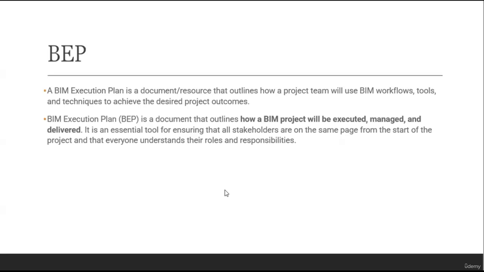Once that is done, determine the deliverables that need to be produced, that the client actually requires. Then, to obtain these deliverables, what software or technology is to be used has to be worked out. And after all that is done, a specific timeline and certain milestones for the project are set up. So these all are included in the BIM execution plan.